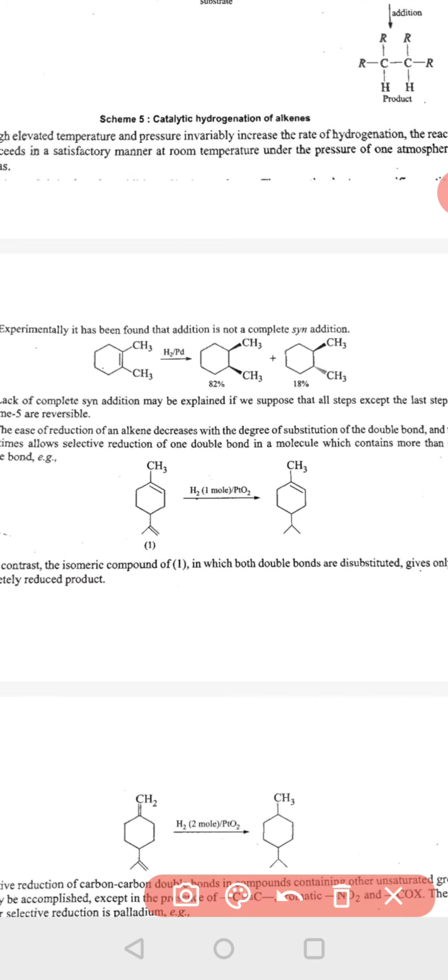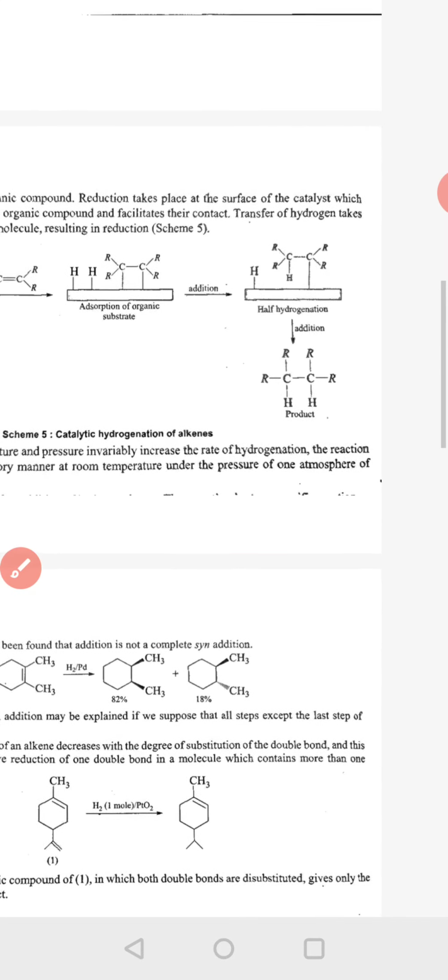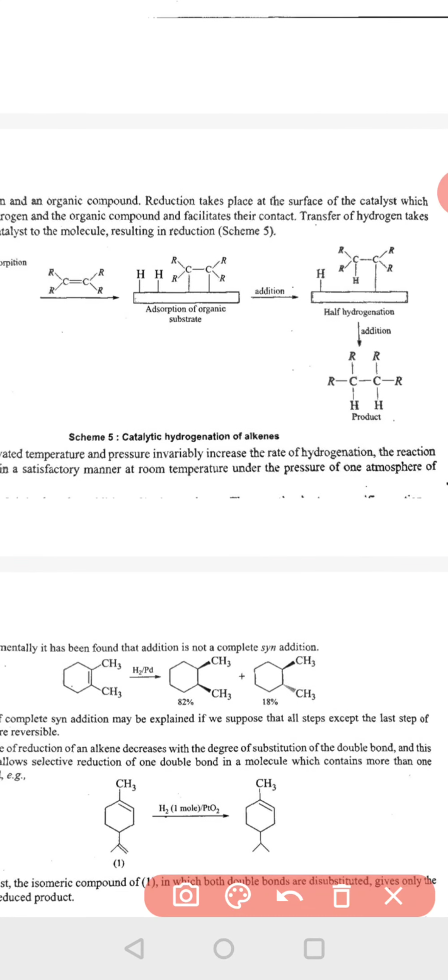Experimentally, it has been found that addition is not a complete syn addition. You can see here, this addition is a syn addition because, here look, the hydrogen molecule and the alkene come in contact with each other in such a way that only syn addition can take place here.